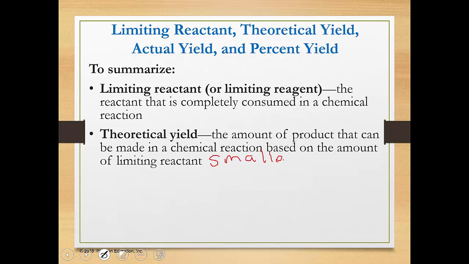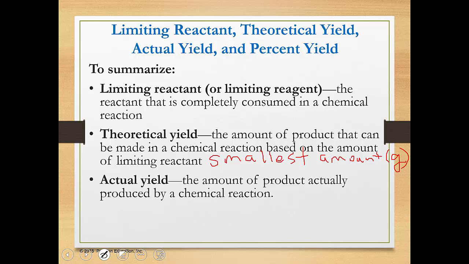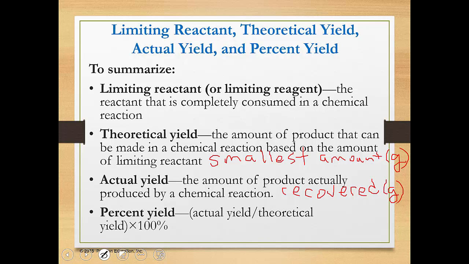So when you're calculating theoretically how much you could make from each reactant, go with the smallest amount, in terms of grams. The actual yield is going to be the amount you actually produce in the chemical reaction and recover. So it's the recovered mass in grams. And then the percent yield is going to be the actual divided by the theoretical times 100.